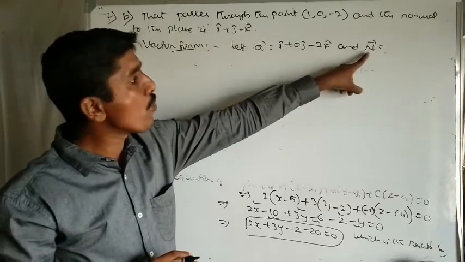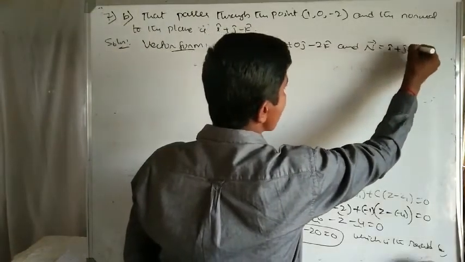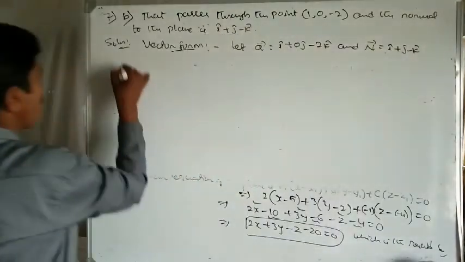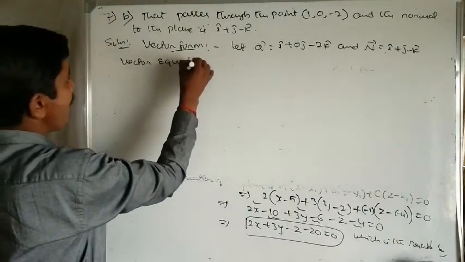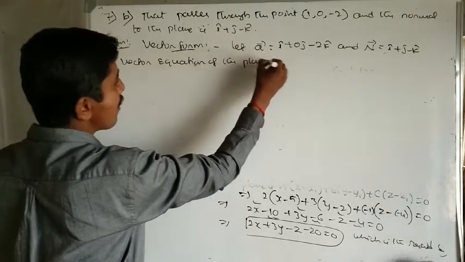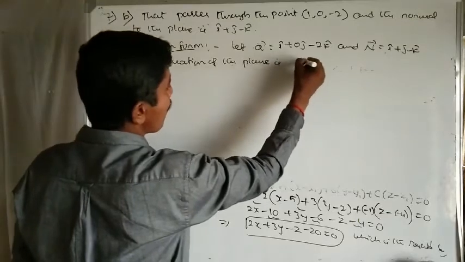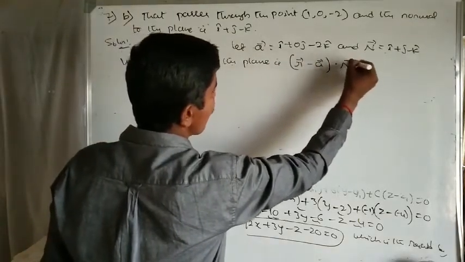Directly take vector n is equal to i plus j minus k. The equation of the plane is given by vector r minus vector a dot vector n is equal to 0.